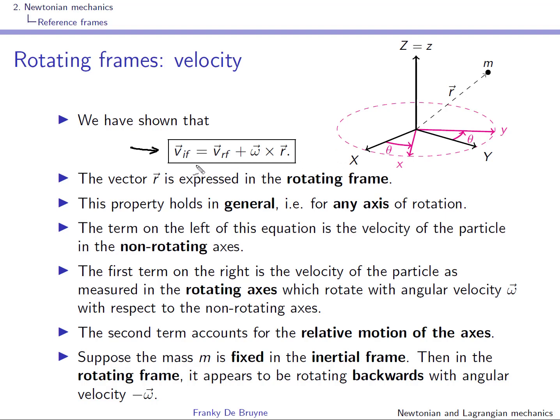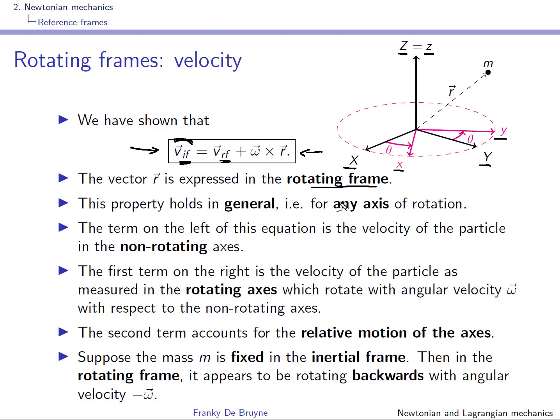Remember that you have an inertial frame, x, y, z in capital letters, and there is a rotating, non-inertial frame, x, y, z in lowercase letters. The vector r here is expressed in the rotating frame. It's the position vector, and in general this equation holds for any axis of rotation. So you have two sides of the equation. On the left side, there is only one term, and that's the velocity vector expressed in the inertial frame.